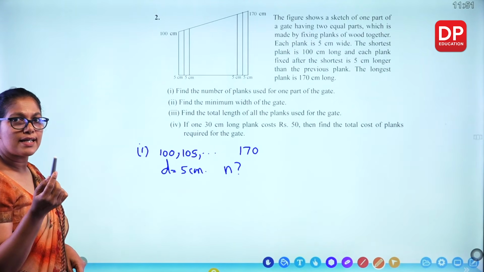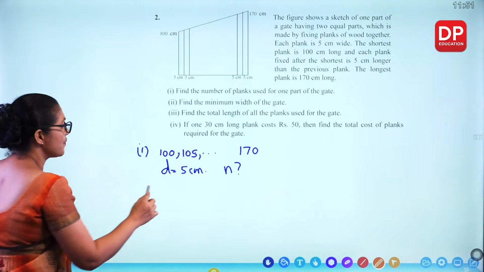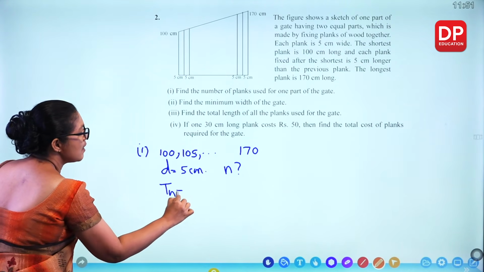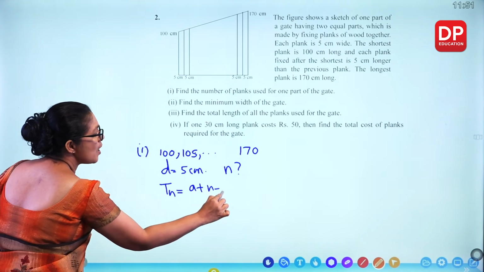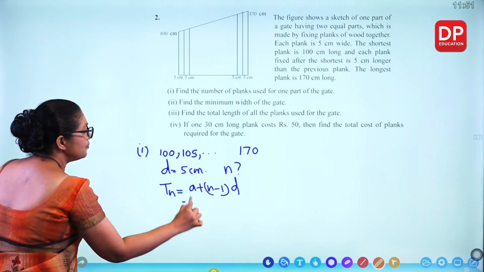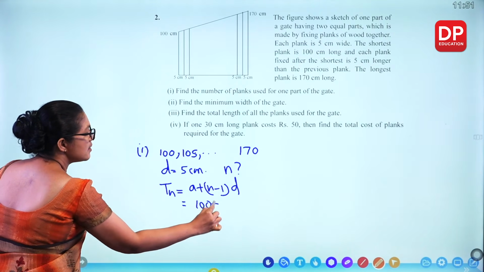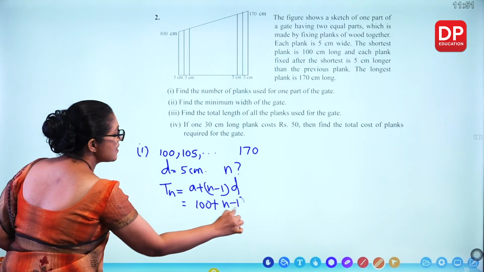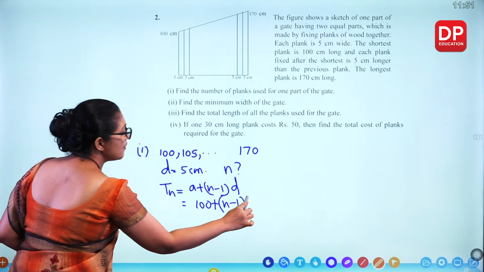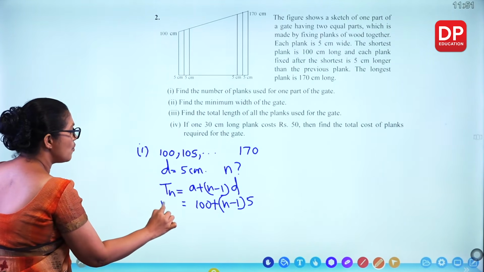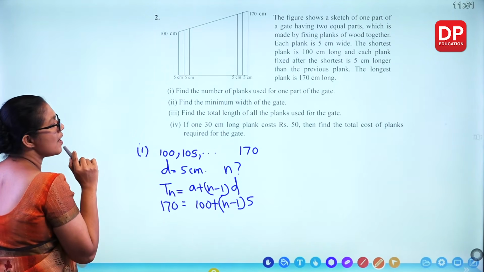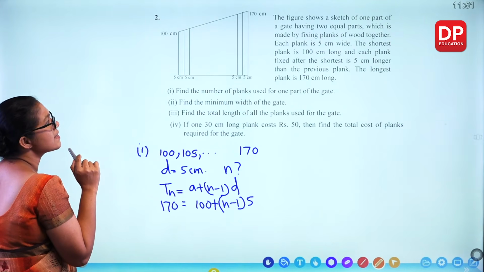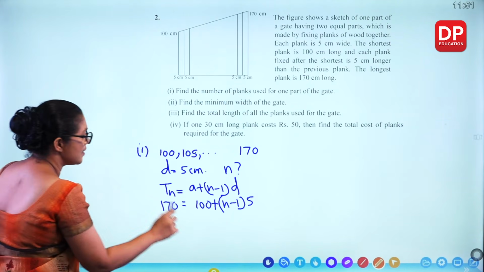How can we do that? Nth term formula: Tn equals a plus (n minus 1)d. First term is 100 and the difference is 5. And we know the last one is 170 centimeters high.